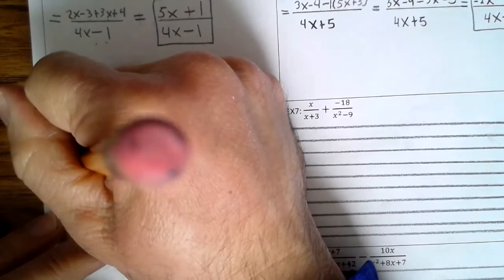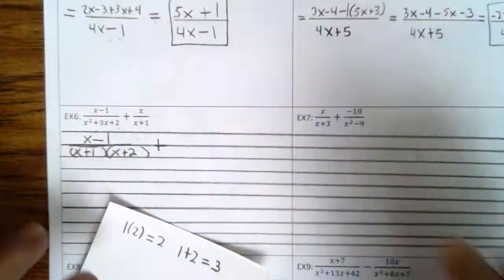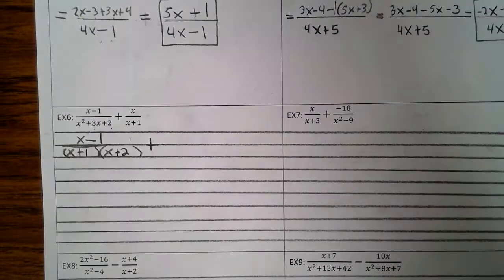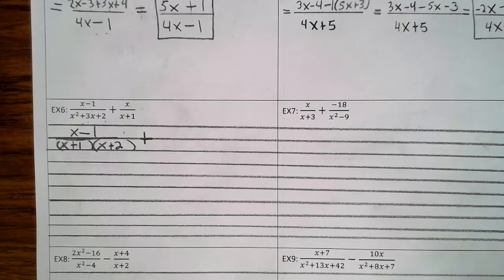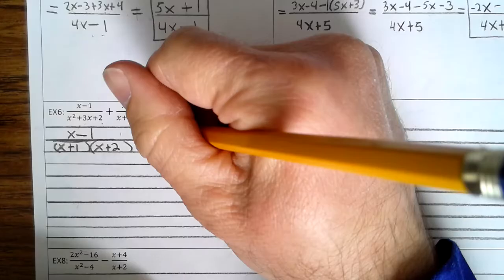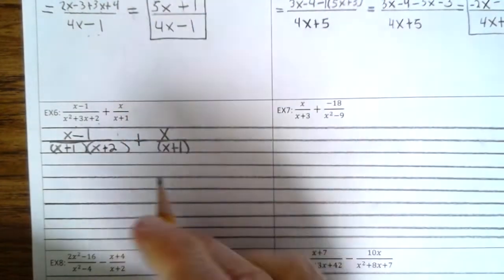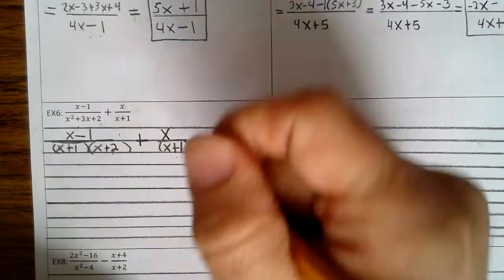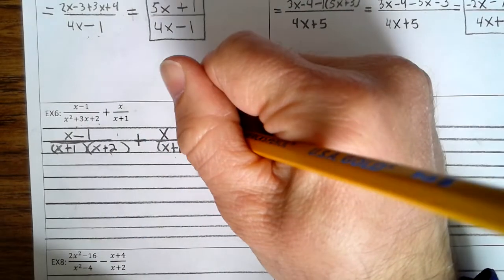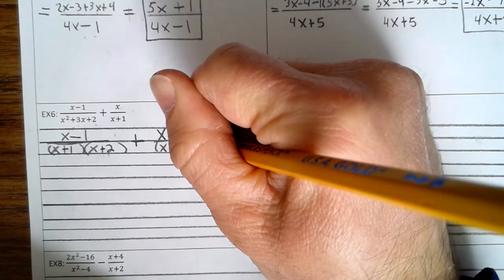Plus, now here, this denominator is x plus 1, but it needs x plus 2. So we need to multiply this by x plus 2 divided by x plus 2. Okay?